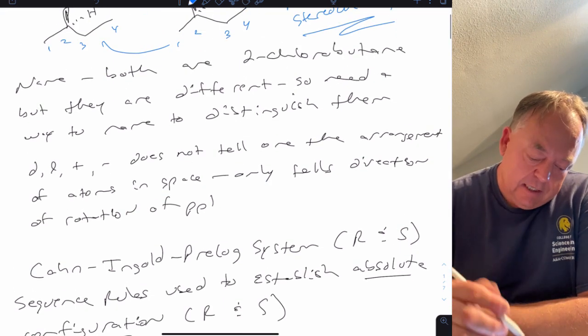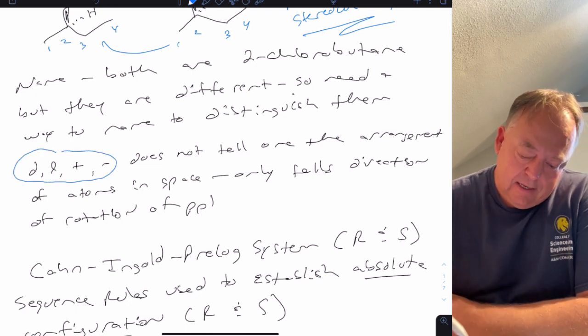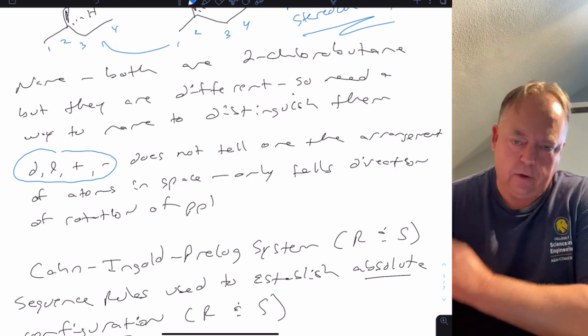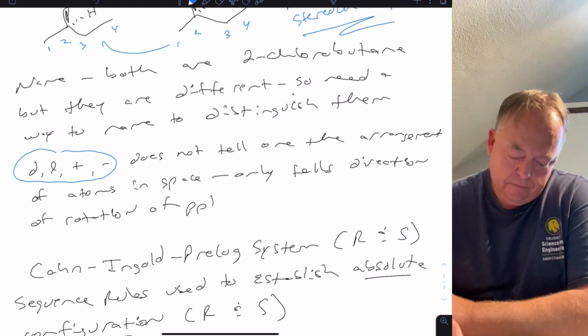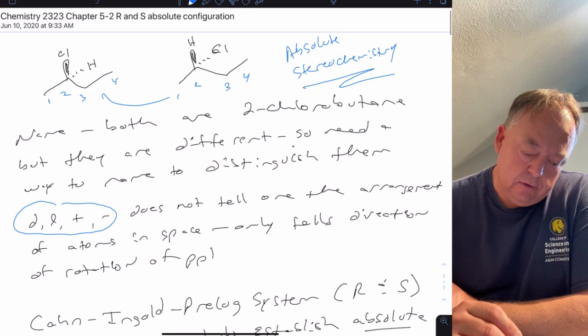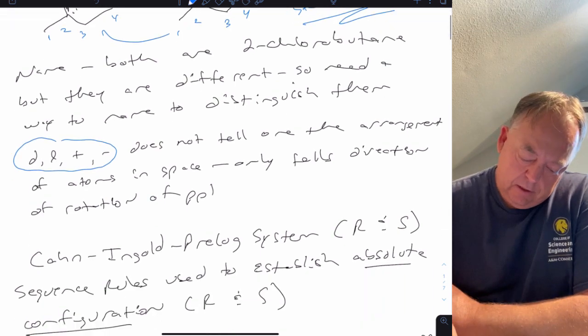So we looked in the last lecture at these terms, d, l, plus and minus, but that doesn't tell you the spatial arrangement of atoms in space. All that tells you is whether it rotates plane polarized light clockwise or counterclockwise. So we need a system that will describe the three-dimensional arrangement of atoms in space.